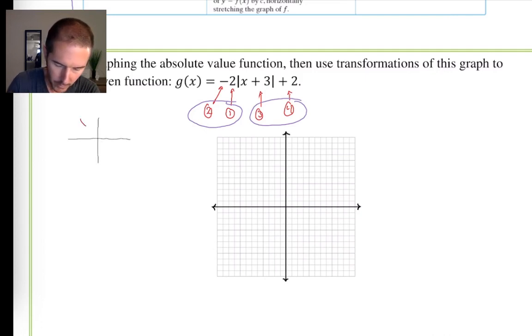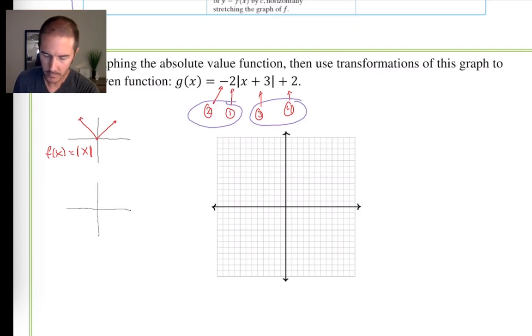This is our parent function, the absolute value of x. All right, so that's the absolute value of x. Now, let's use that multiple of 2 that I labeled first, and we'll say that this function is f of x equals 2 times the absolute value of x.